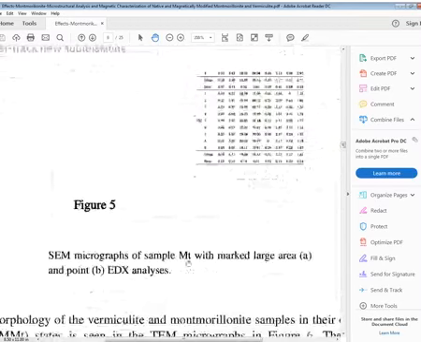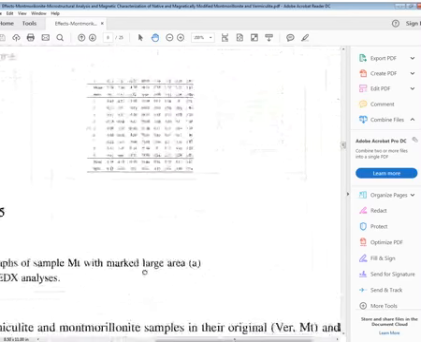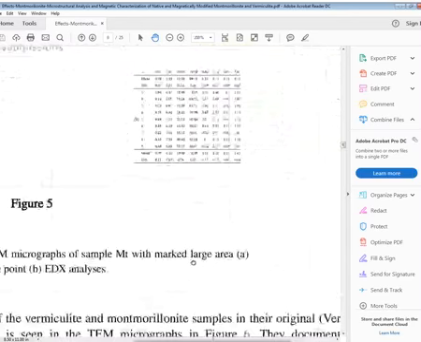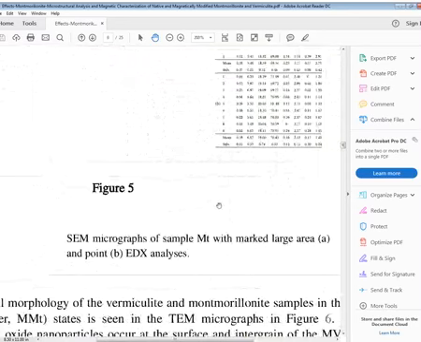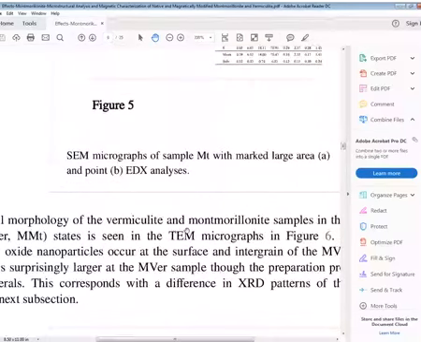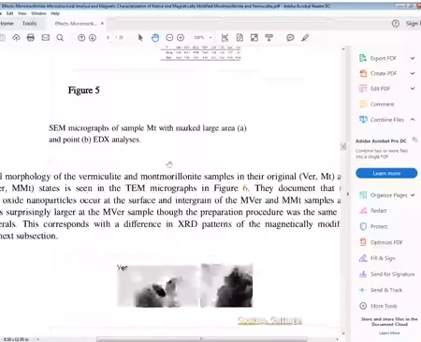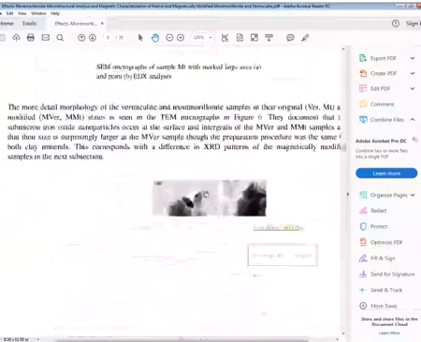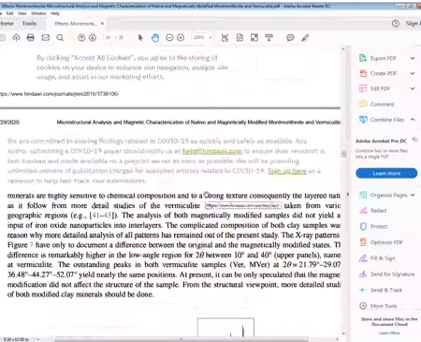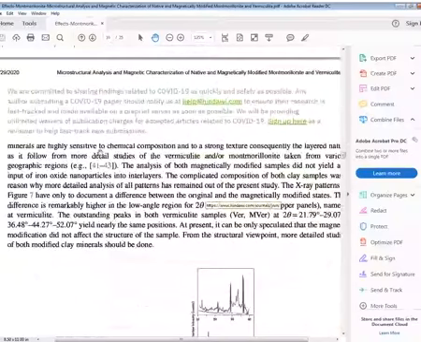SEM micrograph of sample empty with marked large area A, this morphology A, and point B for EDX analysis. And then, it's about minerals that are highly sensitive.